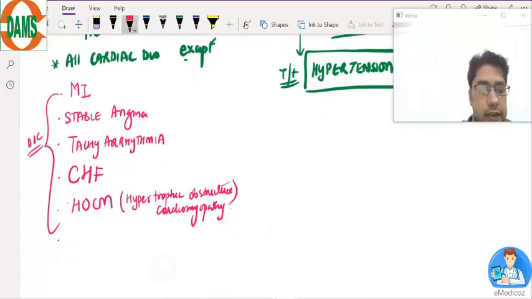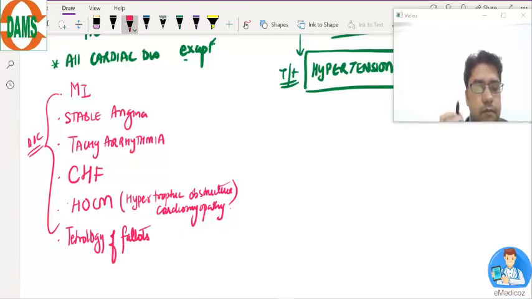Then you will write tetralogy of Fallot. What is that? You will learn in pediatrics.